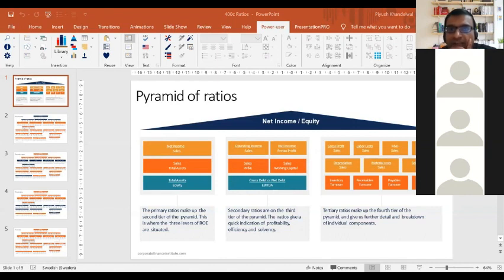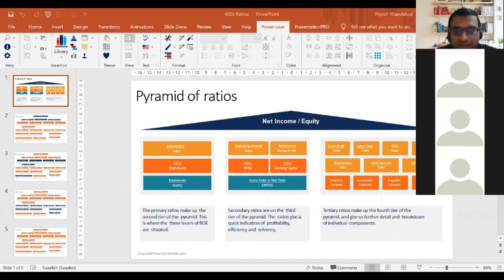Yes, Sumeg, exactly. That's what I'm trying to show. Can you see my Excel and my PPT both, guys? Okay, so you see net income by sales, correct? This is one ratio.